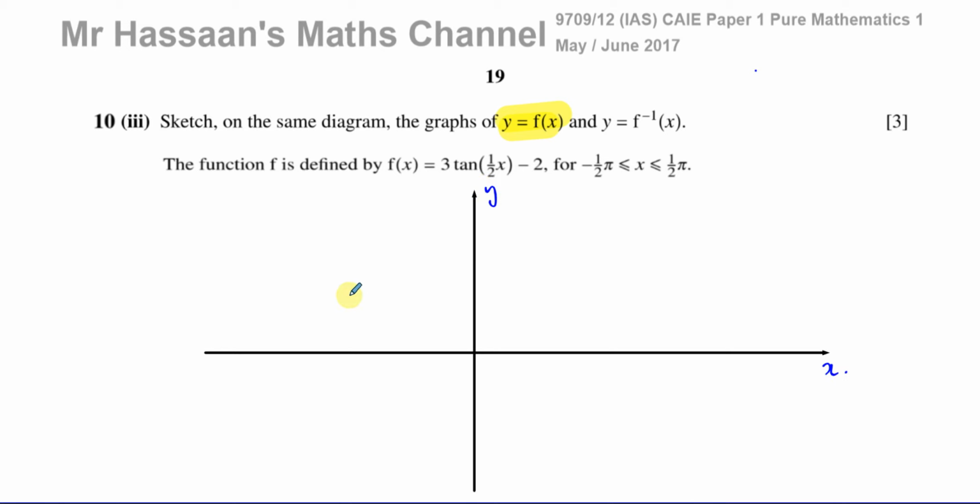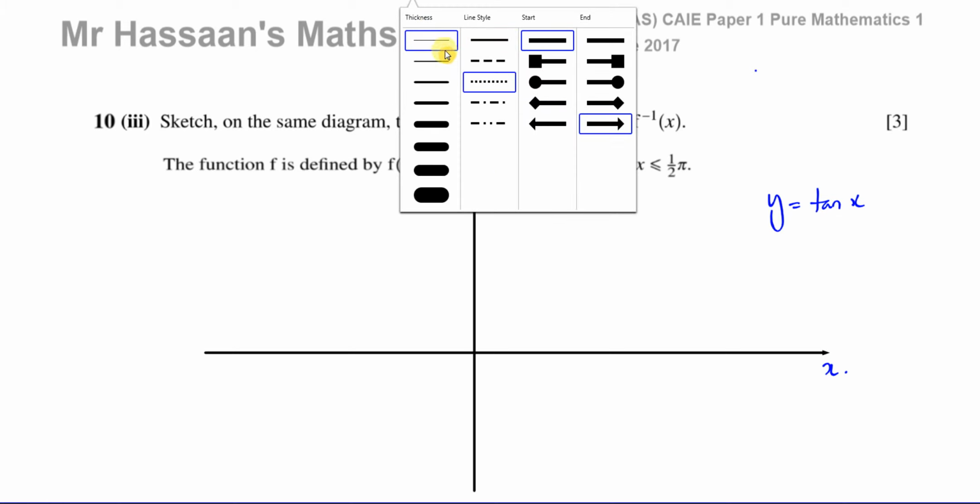Now, I'm going to start with y equals tan of x, and then I'm going to go through all the transformations until we get to this particular graph. So if you have y equals tan of x, we know that we have an asymptote at pi over 2 and at minus pi over 2.